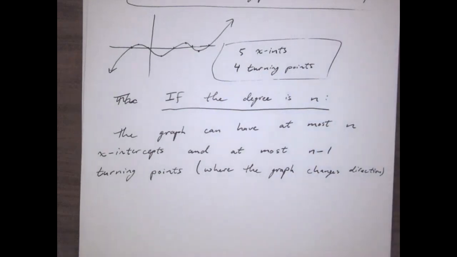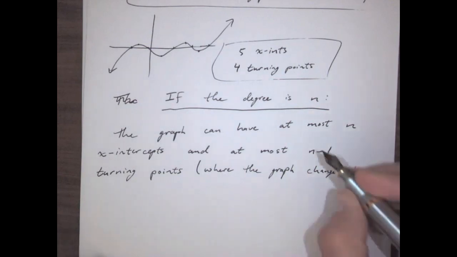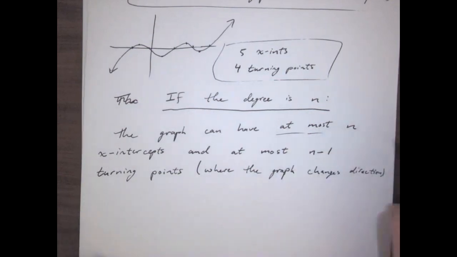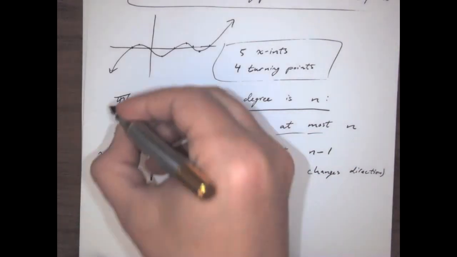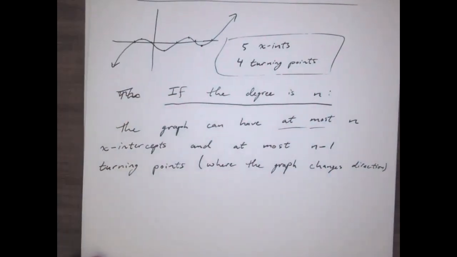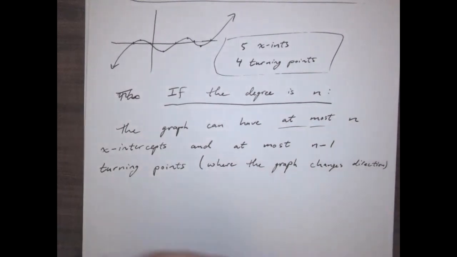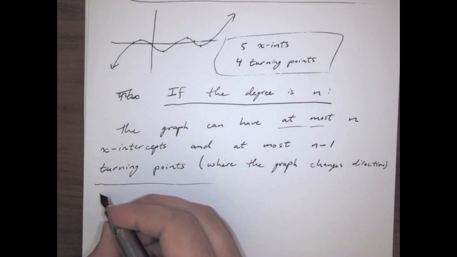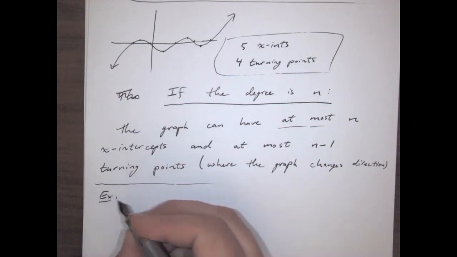So we can conclude that the smallest the degree of this could possibly be is 5. Now notice it says at most that, which means there might be fewer than the allotted number. You can come in under budget, and that's fine.